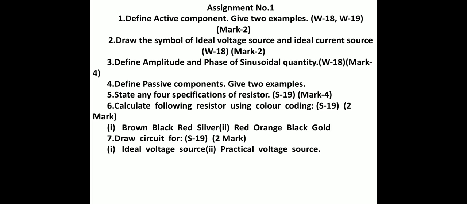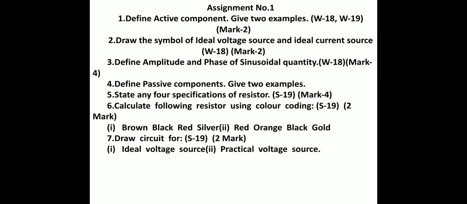Then assignment number 1 on unit number 4, electronic components and signal. First question, define active components, give 2 examples. Second, draw the symbol of ideal voltage source and ideal current source.